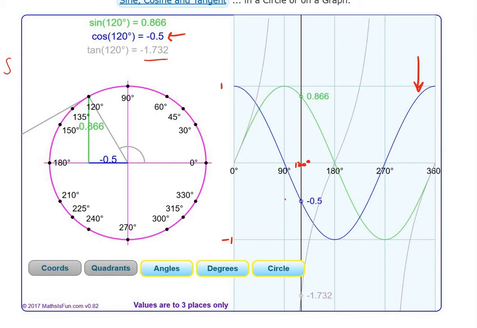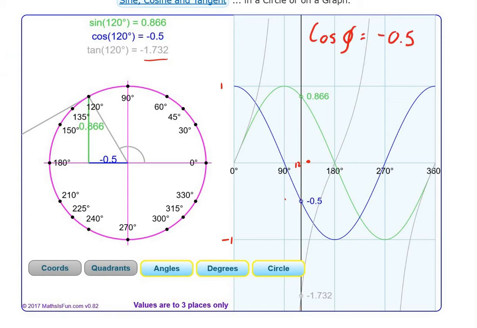Have a look where this line at 120 crosses the tan. Minus 1.732. Okay, so that's how both the unit circle and the sine, cos and tan waves link up. They really are just different pictures of the same thing.